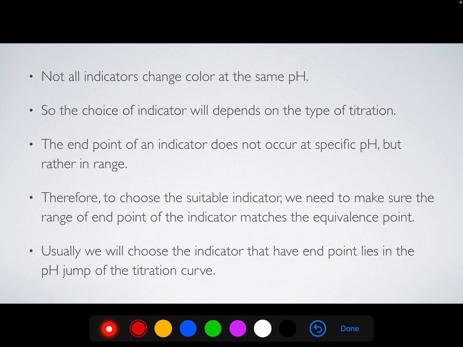Kita punya strong acid weak base pH jump dia lebih pendek dan lebih ke arah pH yang rendah, iaitu 3 to 7. Weak acid strong base pula pun pendek juga, but more towards higher pH, iaitu between 7 to 11. So kita kena cari indikator yang endpoint dia sesuai dengan pH jump yang kita dah bincangkan tadi.